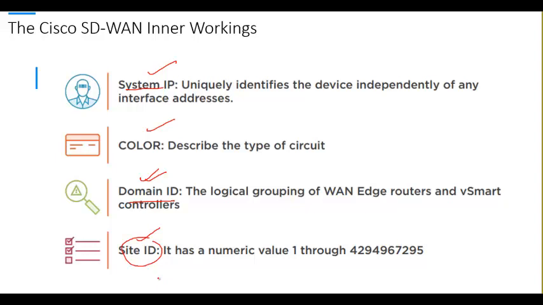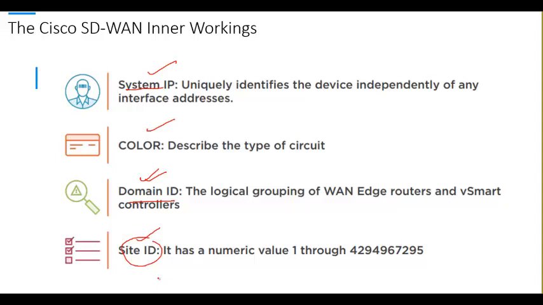Likewise, every edge router that belongs to the same site should have the same site ID. Site ID is needed for the WAN edge routers to get authenticated by the controller when they are attached to this SD-WAN overlay network.